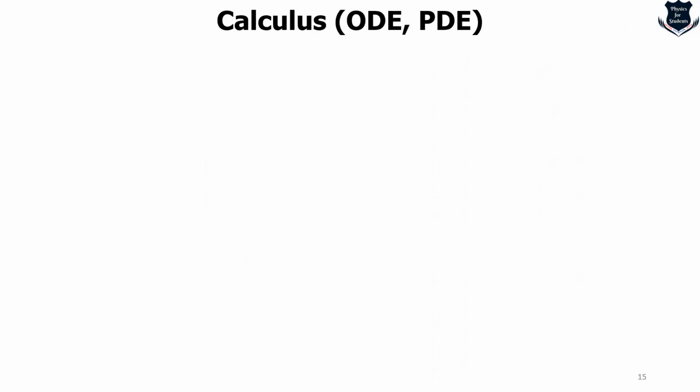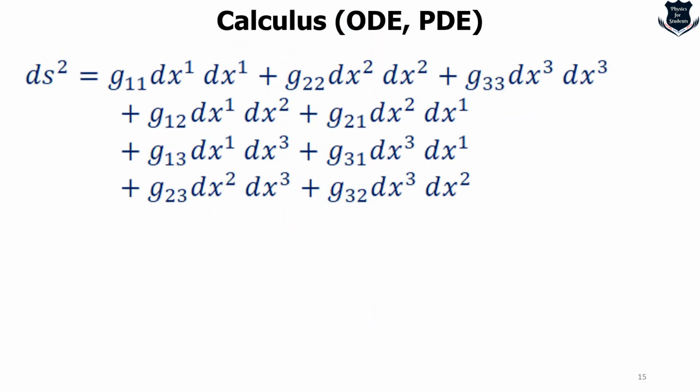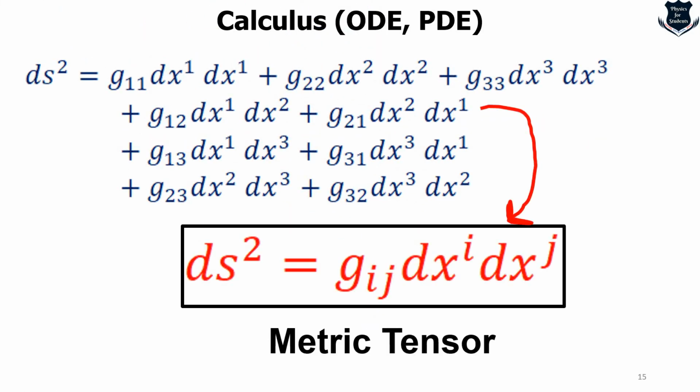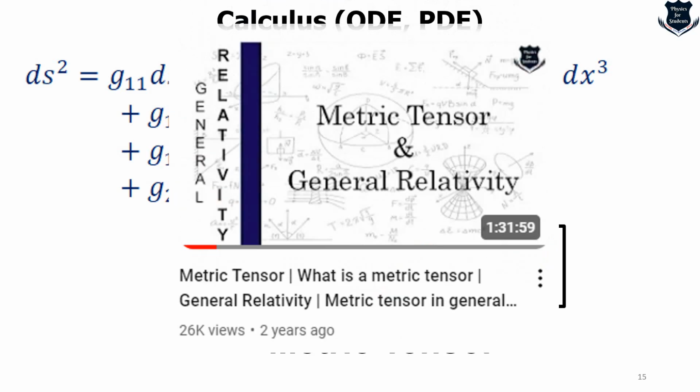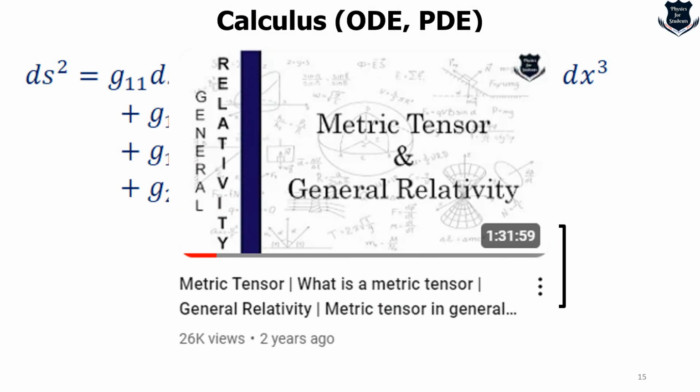If you further see that when these equations got substituted, finally what we got is the metric tensor, which is nothing more than partial differential equations. And if you're really curious to know how this derivation happens, this is the video which I made around 2 years back. It is fairly extensive.